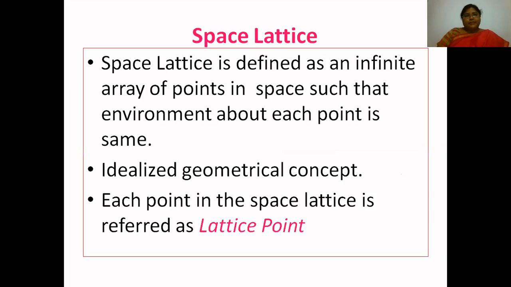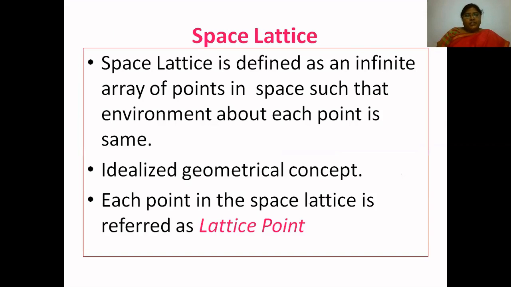Space lattice. Space lattice is defined as an infinite array of points in space such that the environment about each point is the same. It is an idealized geometrical concept.